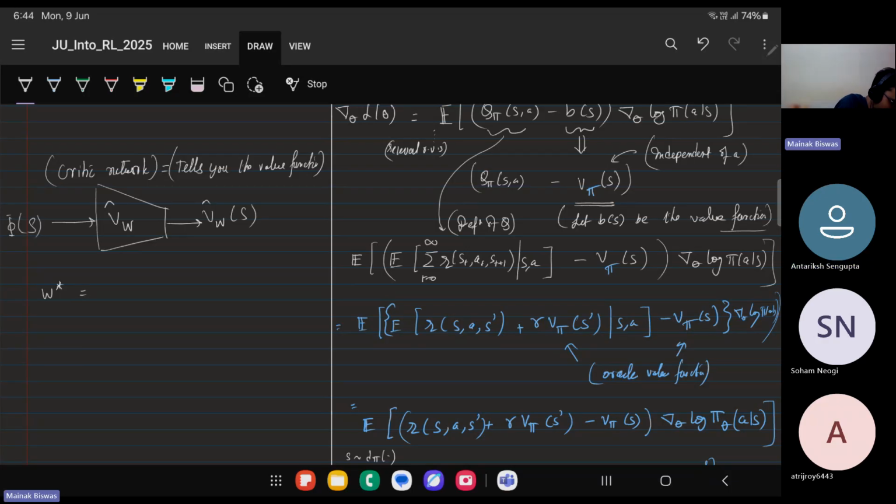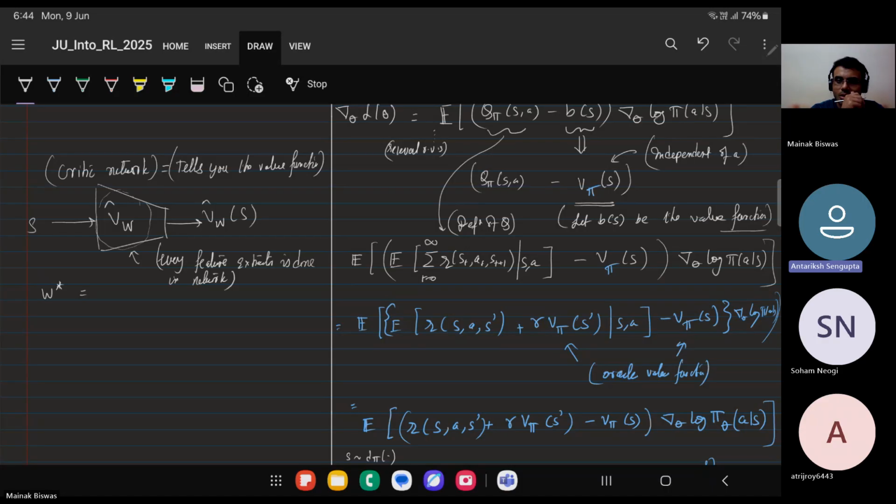It is done in phi of s, it can be anything, like we use convolution as well for feature extraction.